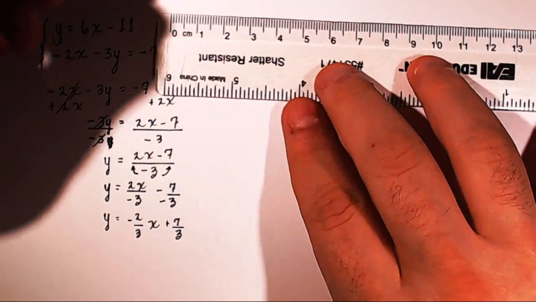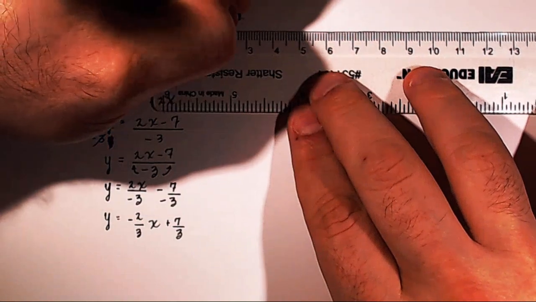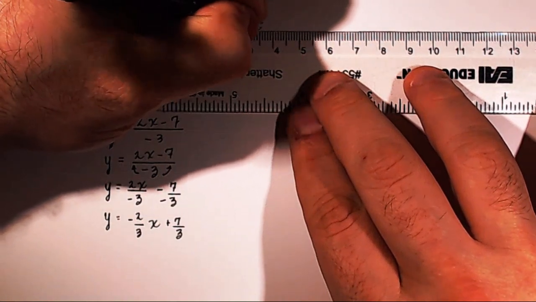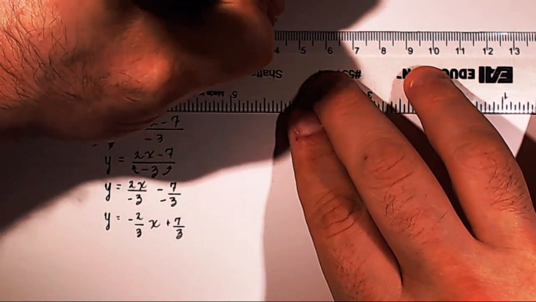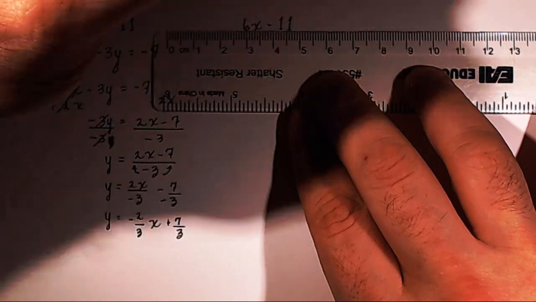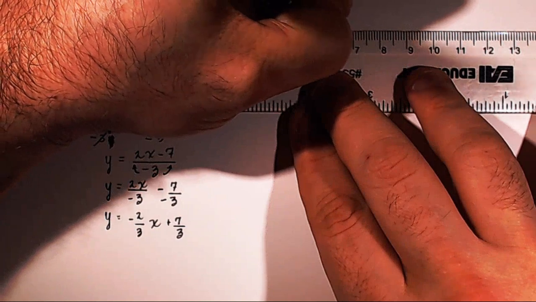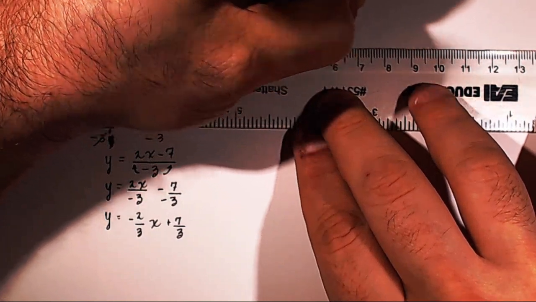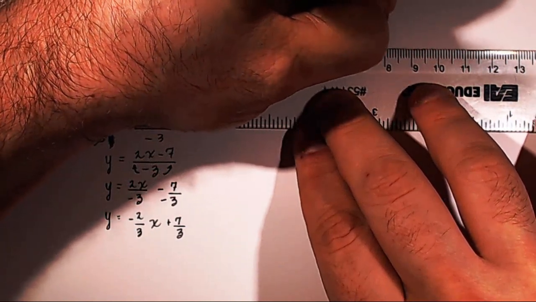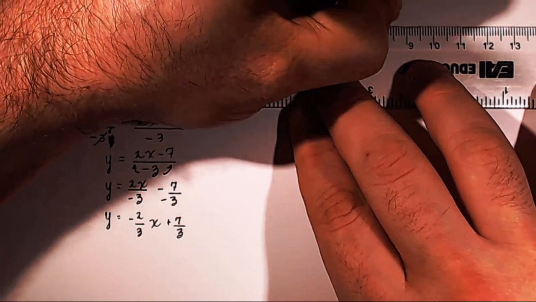So I'll do that right here. We just write 6x minus 11 equals negative 2/3 x plus 7/3.